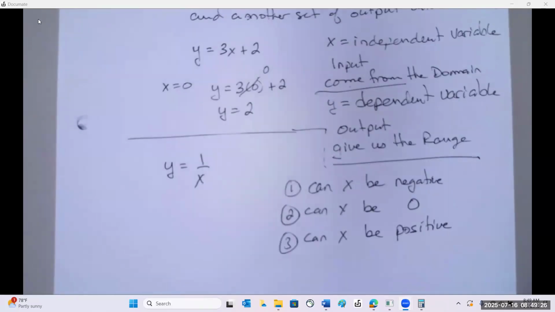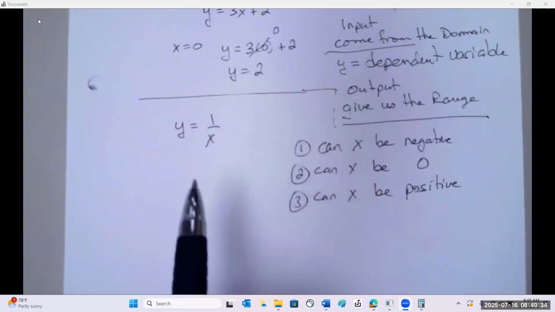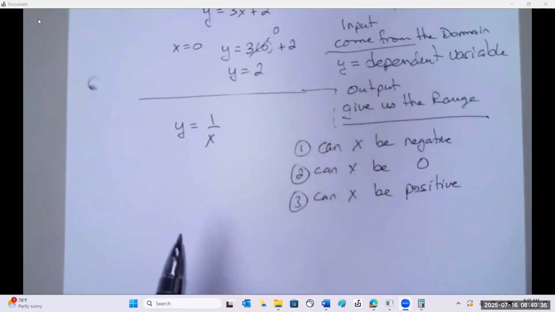We're going to get to a point where we're going to talk about all the functions in mathematics. But for right now, we have a fraction. What's the only rule we have about fractions? You're close.